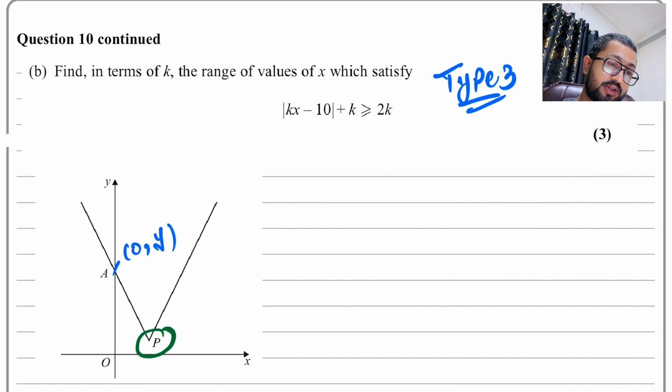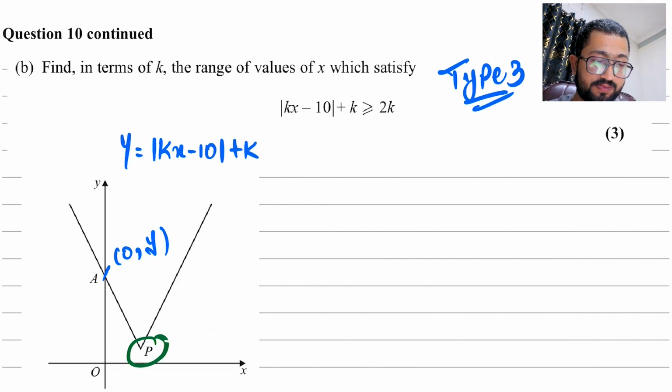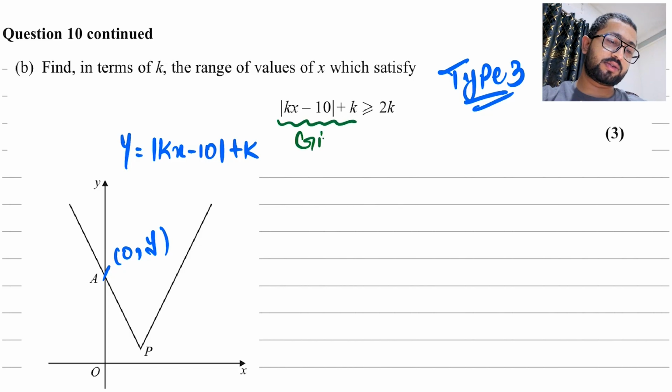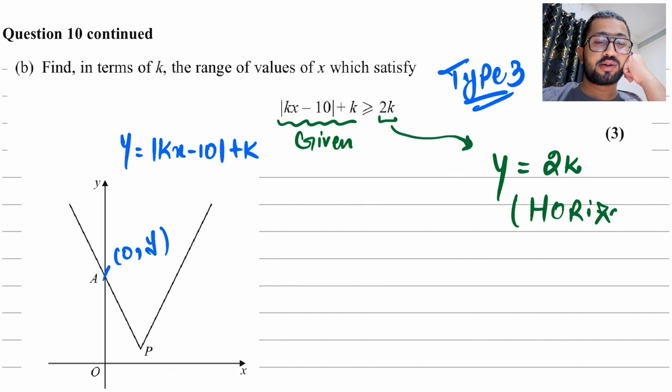So graphical approach. This is the graph of y equal to modulus of kx minus 10 plus k, which is already given. Alright, perfect. Let's make a graph of y equal to 2k. k is a constant, beta. y equal to any constant number. What type of line is this? Horizontal line, bachcha log.